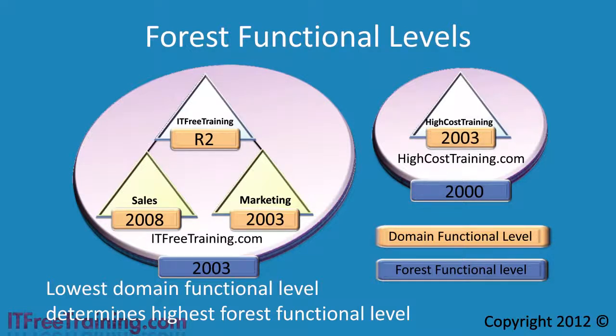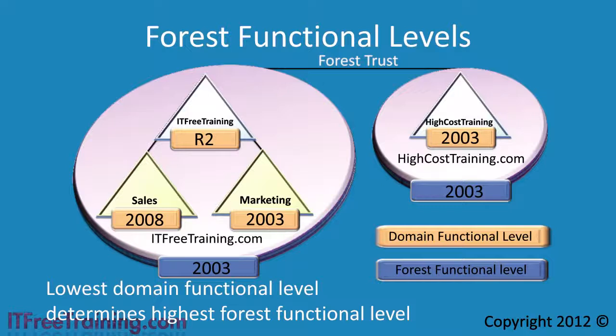Now that all the domain functional levels in the High Cost Training forest are Windows Server 2003, I can raise the forest functional level to Windows Server 2003. Now that both forests are at the Windows Server 2003 forest functional level, I can put in place a forest trust between the two forests.